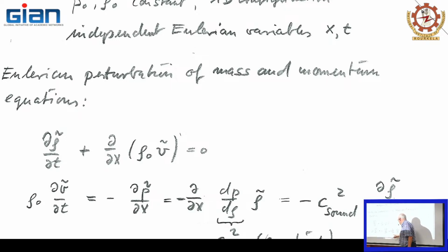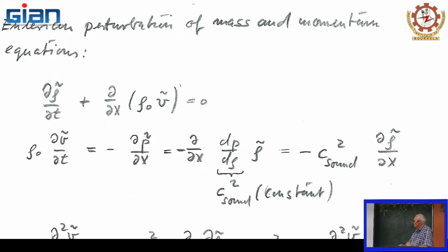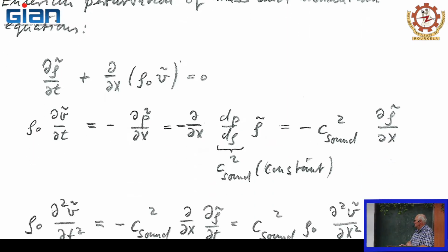Then p tilde is simply dp by d rho, this derivative of pressure with respect to density, times rho tilde, the perturbation of the density. Well, dp by d rho is nothing but the sound speed squared, and we are left with minus c sound squared times the derivative with respect to the spatial variable x of the density perturbations.